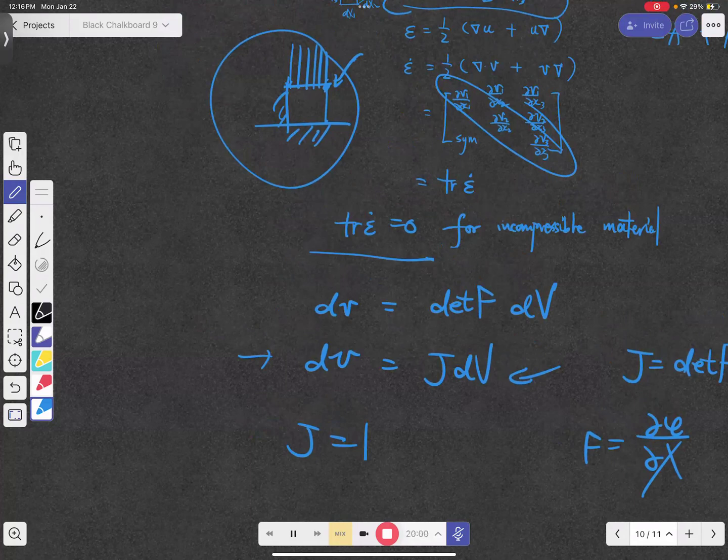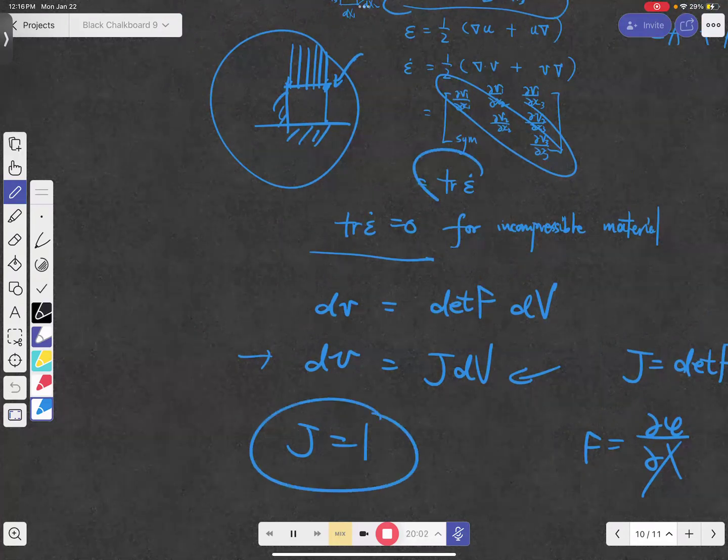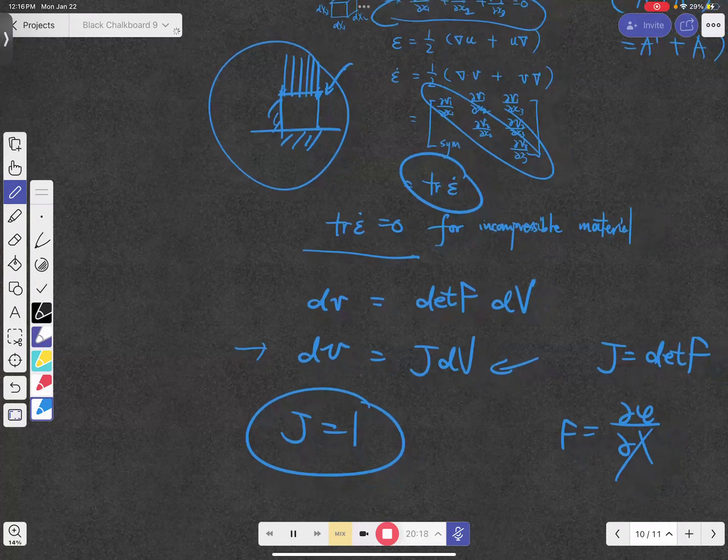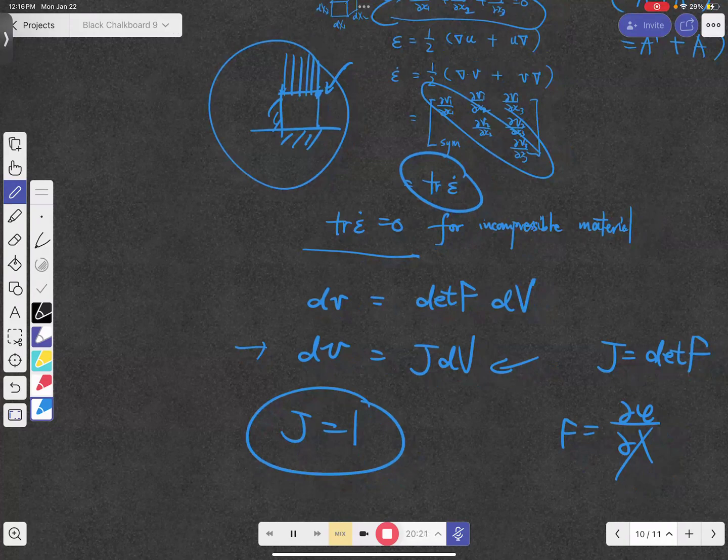Let me ask another important question. What is the relationship between this and this? They're not identical. They lead to something identical under different assumptions, but they themselves are not identical. In the first case, I gave the conclusion that the divergence of epsilon dot equals 0 by assuming that the current and the reference configuration are identical, so that I don't distinguish the gradient.